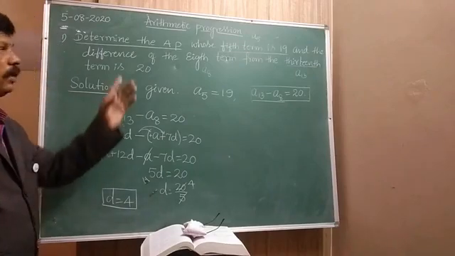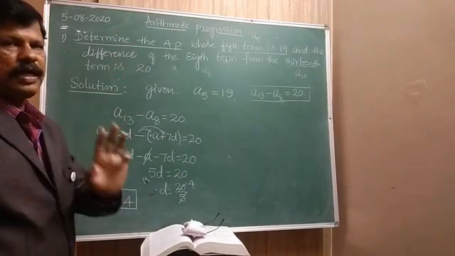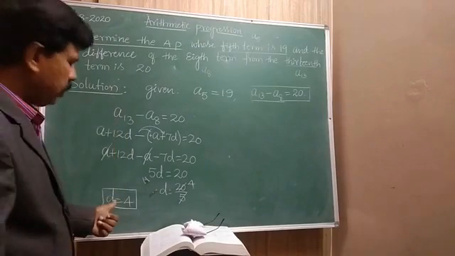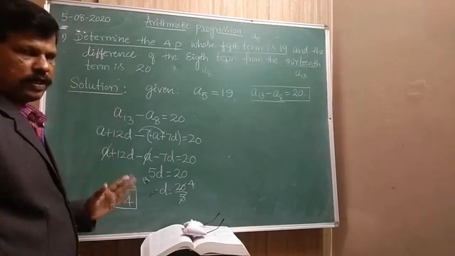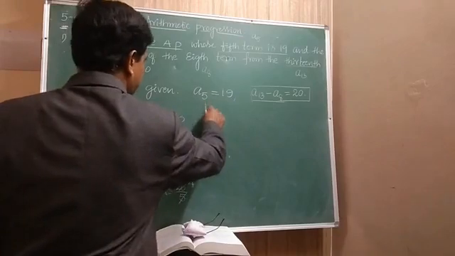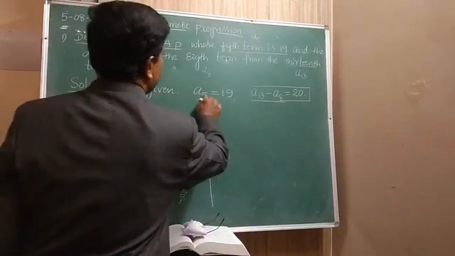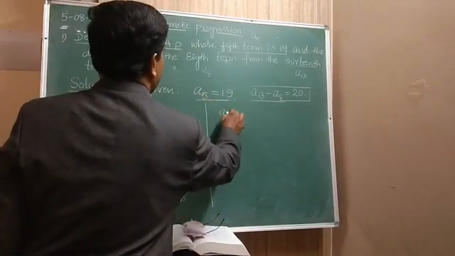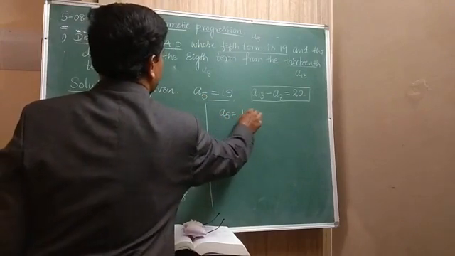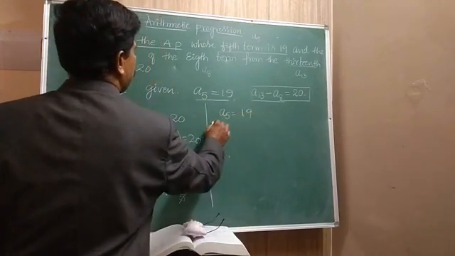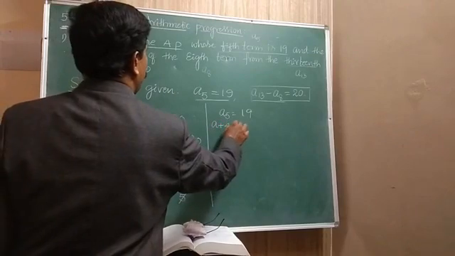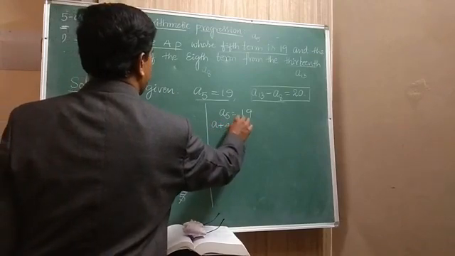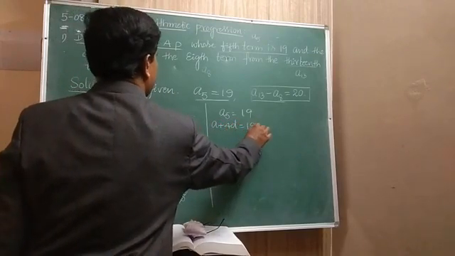So to find out the AP, we need A and D. Now D we know. Now find out A. For that, use this one. A5 is equal to 19. Then A plus 4D is equal to 19.